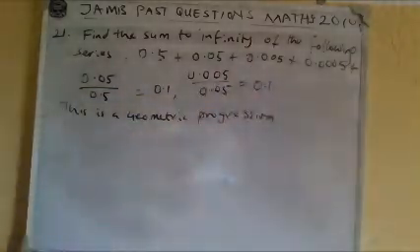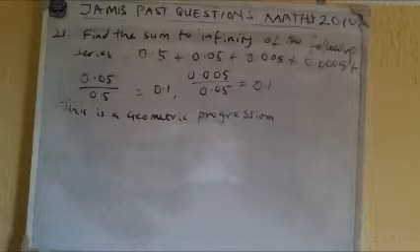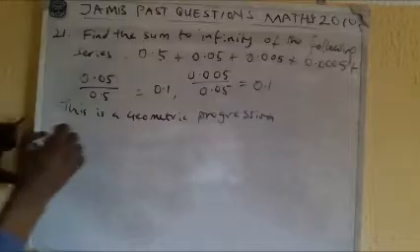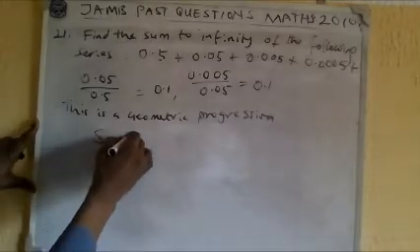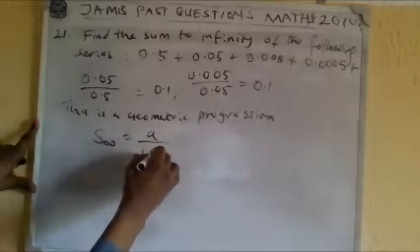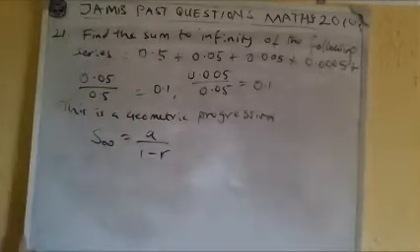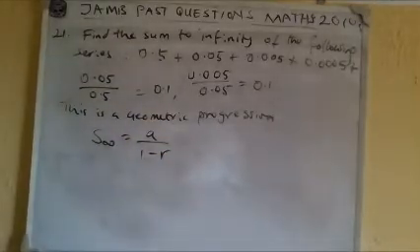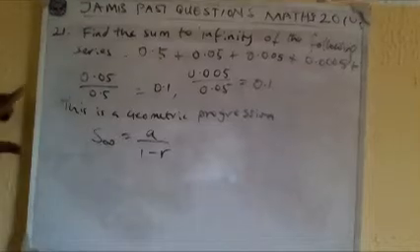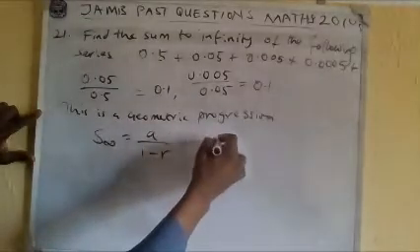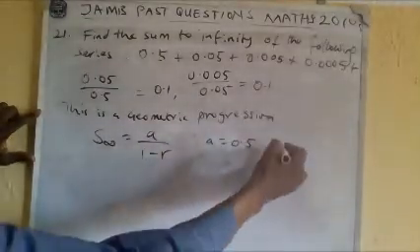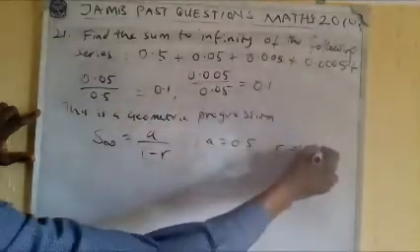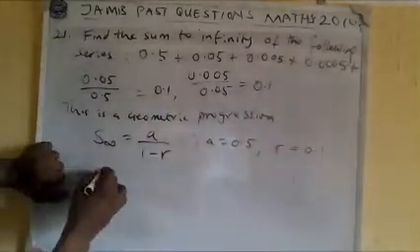So that's geometric progression. Another thing we saw is that for a geometric progression, the sum to infinity is a over 1 minus r. That's the formula. Now we are given here that a is 0.5 and r is 0.1. So we can find the sum to infinity by substitution.